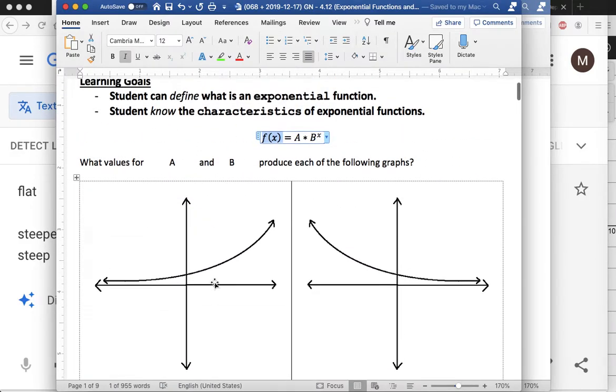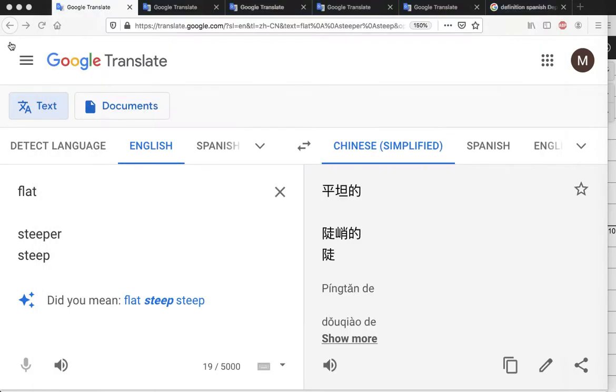Before I describe these graphs, I want to go over the vocabulary words I'm going to use first. I'm going to use the words flat, steep, and steeper. And here are the Chinese translations for those three. 平坦的 陡峭的 陡.